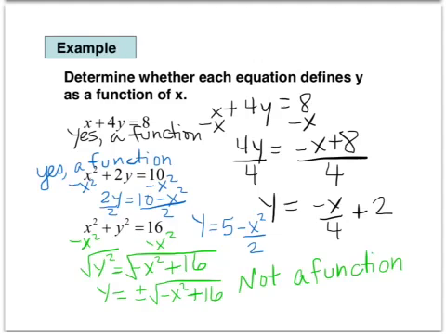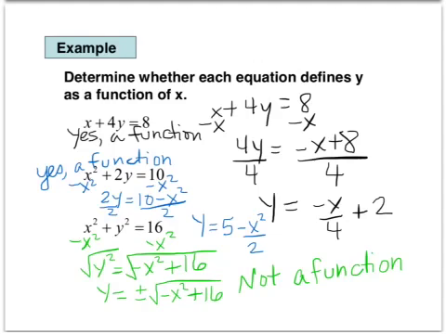What you're going to be looking for, if you're going to see if an equation defines y as a function of x, is whether you get even exponents on y. Like this one has a squared, so it's an even exponent. What happens is you can get the positive or negative version of your square root.